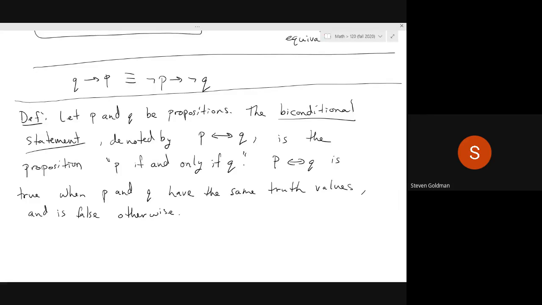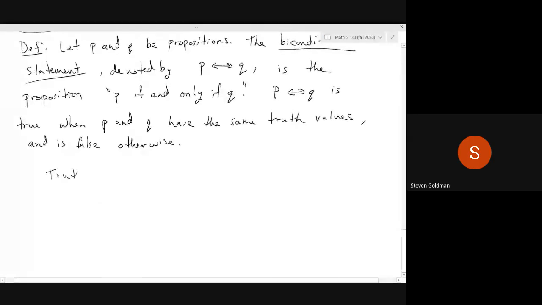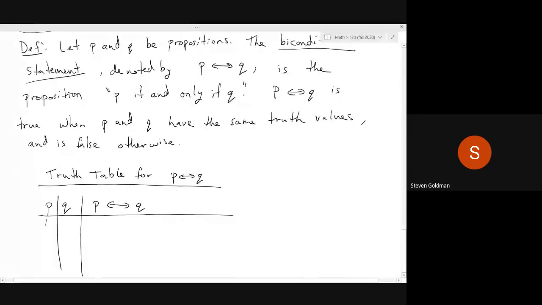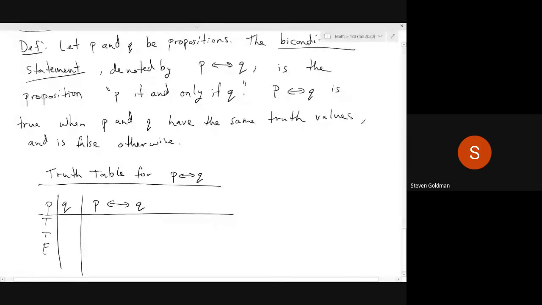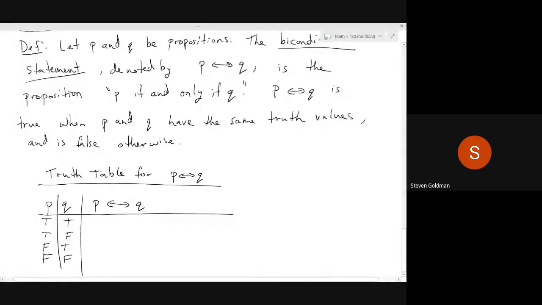So let me give you the truth table for biconditional statements. Two variables, four possibilities.